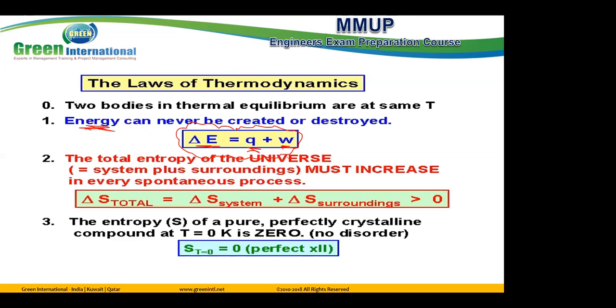But this equation actually can't determine whether the system is applicable to happen or not. What does that mean? For example, if you now drink a cup of tea, the cup of tea is hot, right?